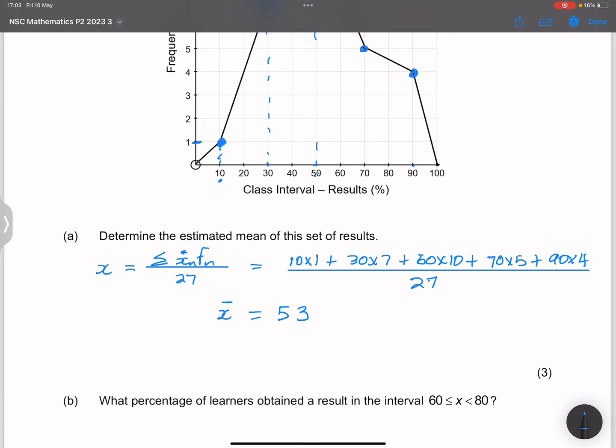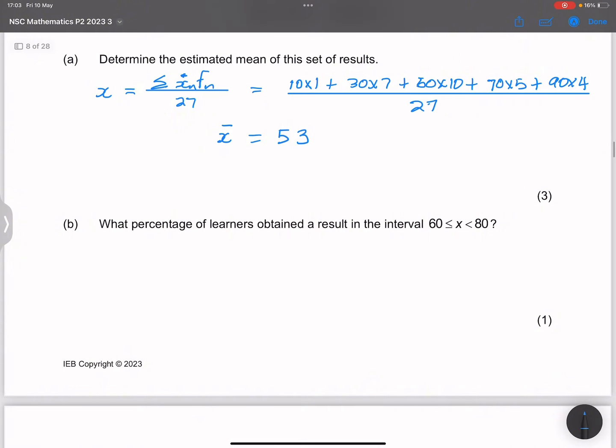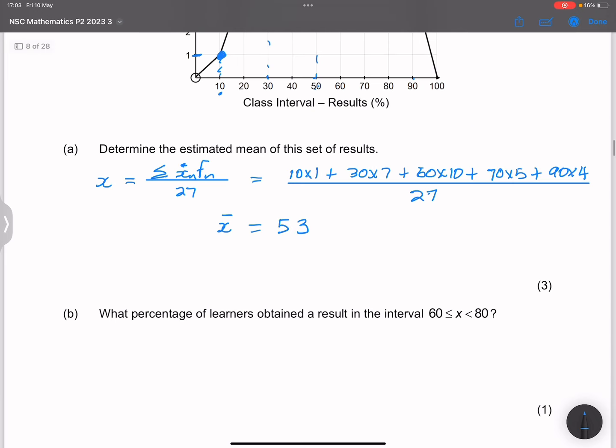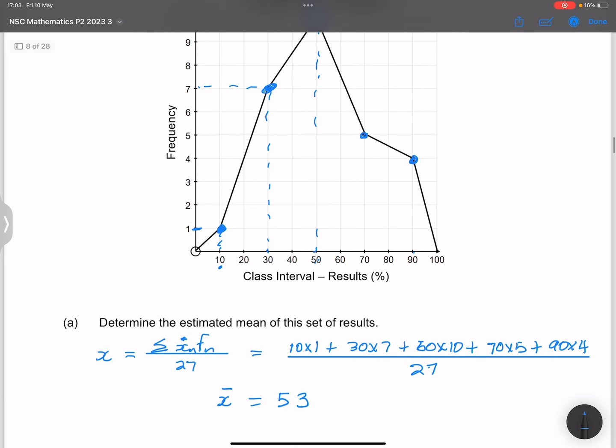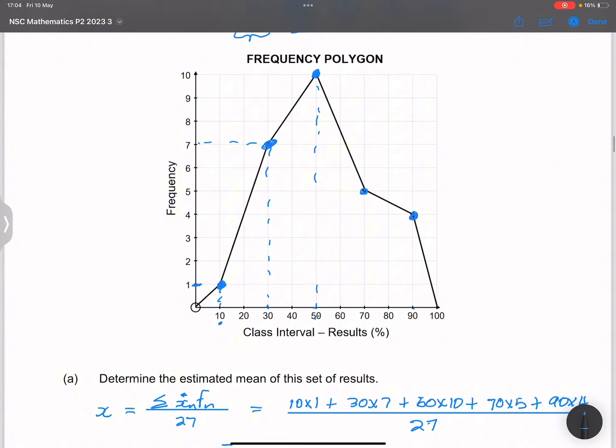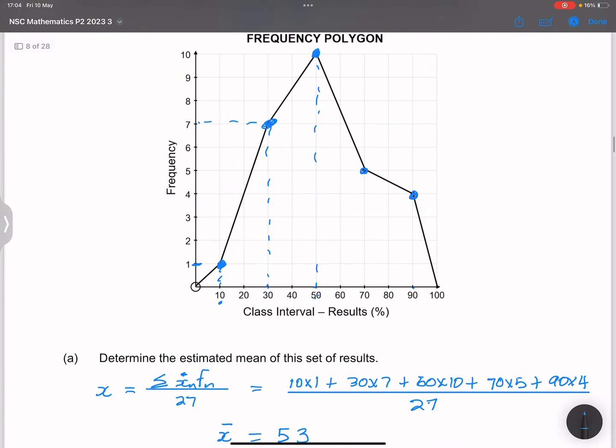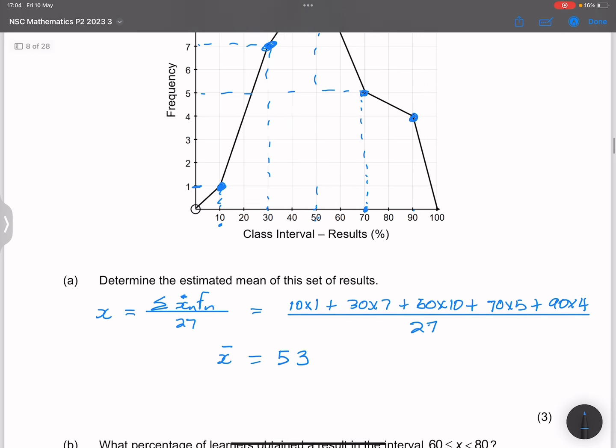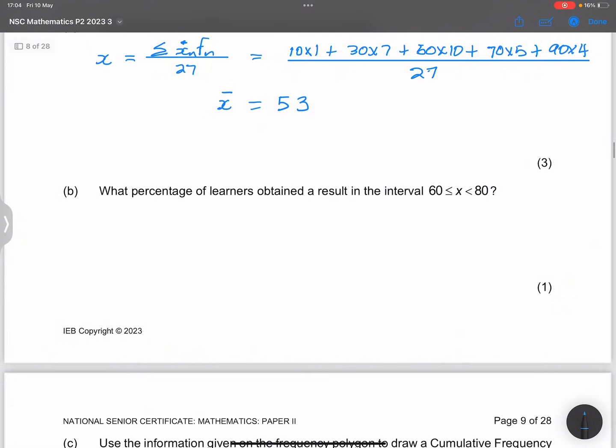Now they ask what percentage of learners obtained results in the interval 60 to 80. Remember, in my frequency polygon, I get that at the midpoint, which is 70. How many learners would that be? That would be 5. Now we want to work out a percentage, so that's 5 out of 27.